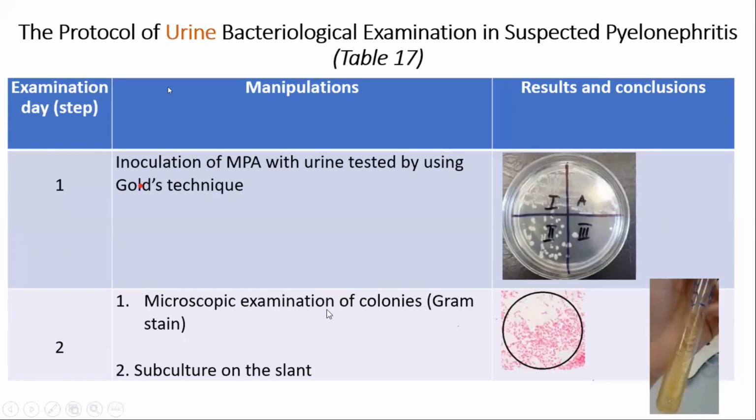In most cases of UTI, we can see gram-negative bacteria from the intestines, because our urinary tract is easily contaminated with microbes from the perineum, from the rectum, and it may be an ascending infection. So under the microscope, step 2, day 2, we can see gram-negative rods.